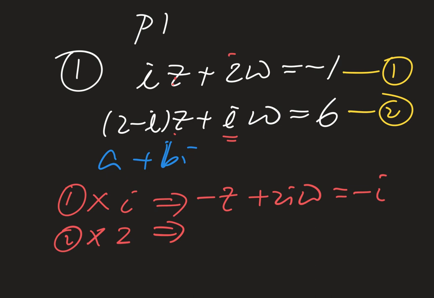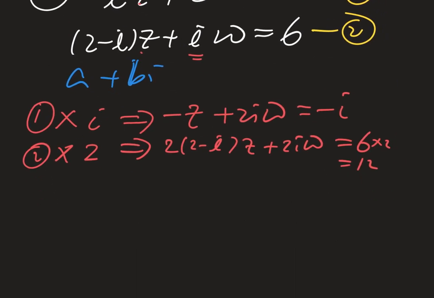We multiply i for both sides. So the other one is that 2 minus i z plus, this is i, so 2iw equals to 6 times 2 is 12. So this becomes equation 1 and 2, and this is the derivative of equation 1 and 2, so we put it as equation 3 and 4.